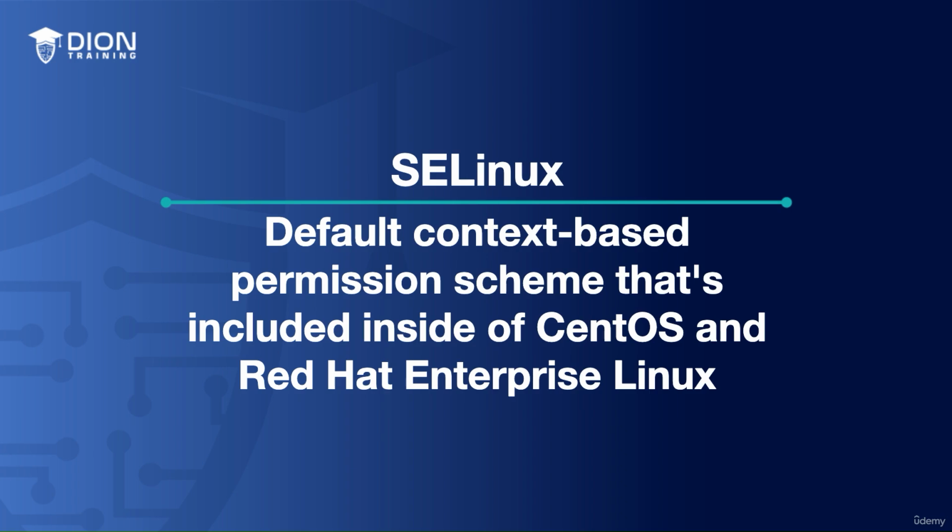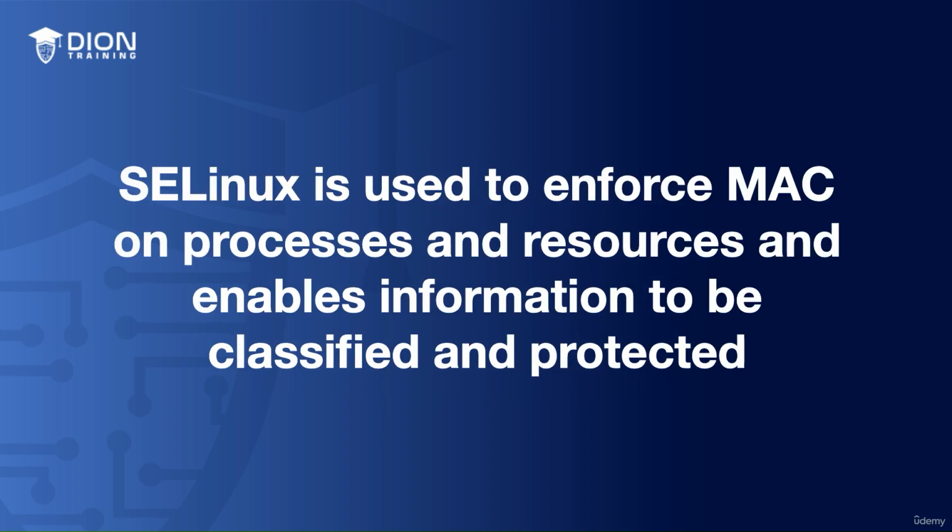By using SELinux, we have a way to provide additional file system and network security so that unauthorized processes cannot access or tamper with our data, bypass our security mechanisms, violate our security policies, or execute untrustworthy programs. SELinux is used to enforce MAC on processes and resources, and enables information to be classified and protected based on its confidentiality and integrity requirements.